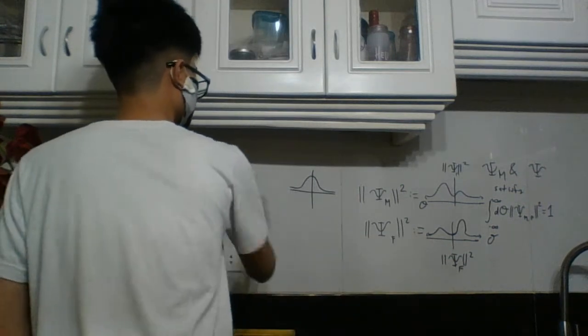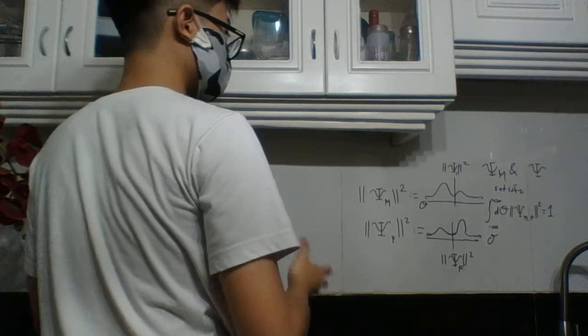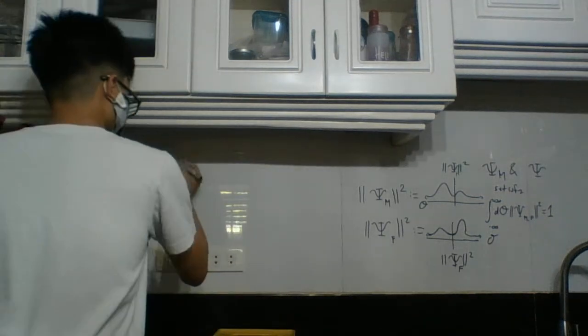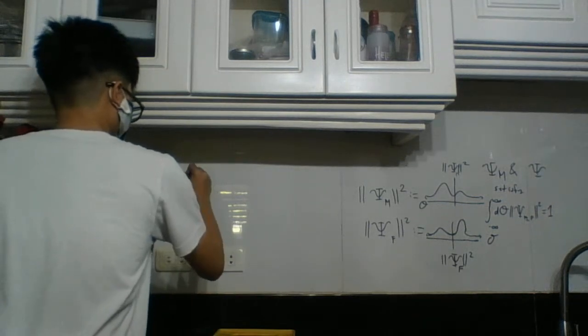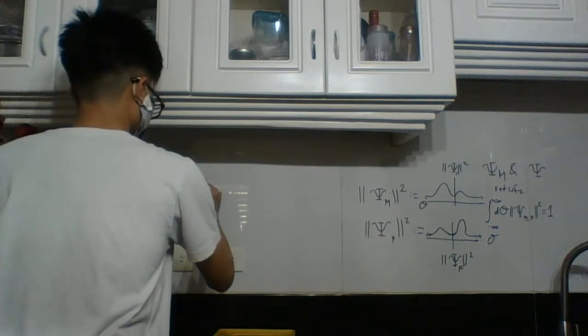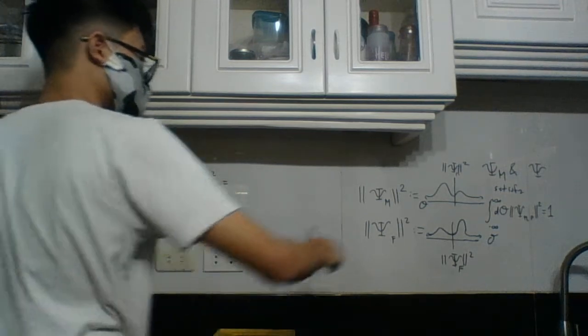So we'll notice now that according to quantum mechanics in general, the norm of the wave function of our femboy, psi actual squared, is just a superposition of these two.